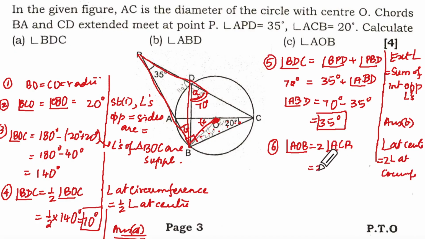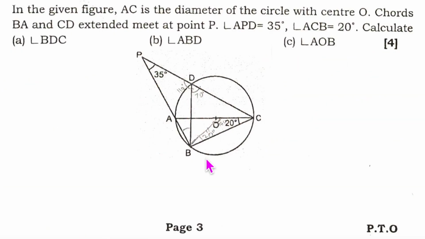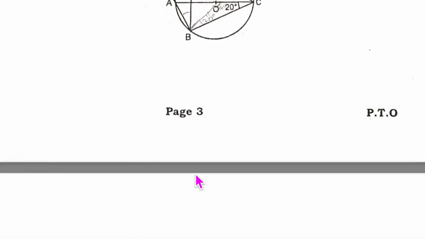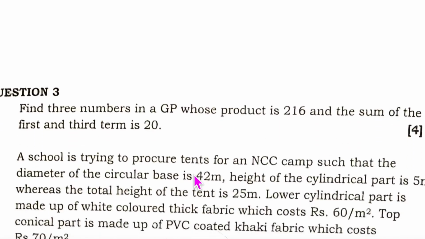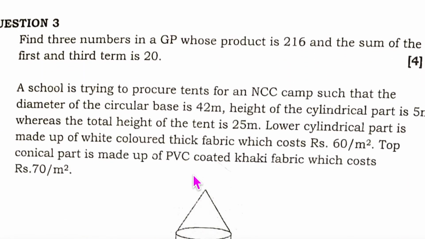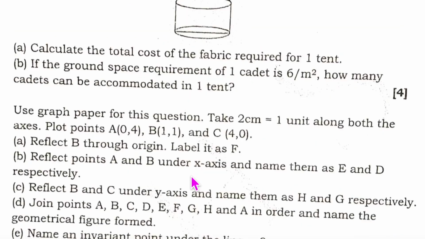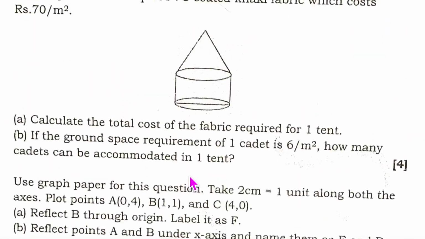So that will be 2 into 20 degrees, which is 40 degrees. Was that good, bad or ugly? Good. This is your answer C. Put it in a box and that's it. So you can actually start marking these for yourselves. Okay. So quickly, I think we should be able to finish this.